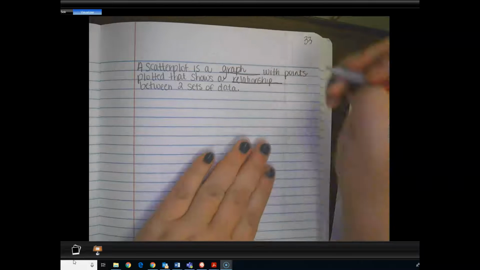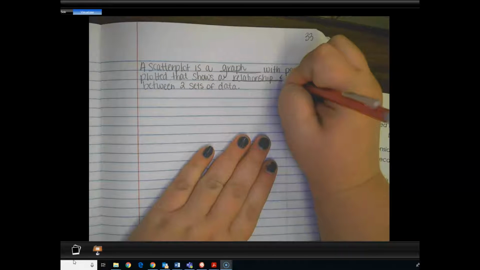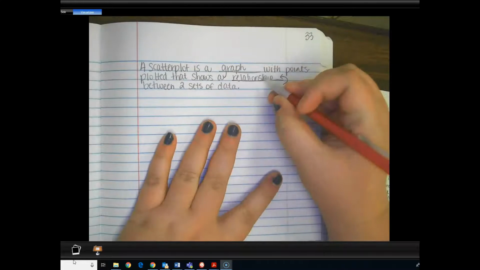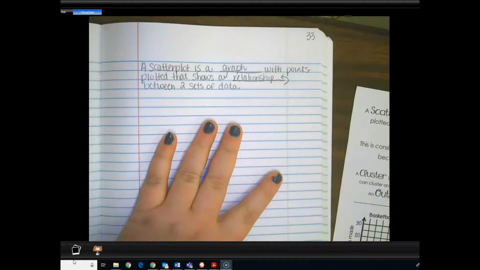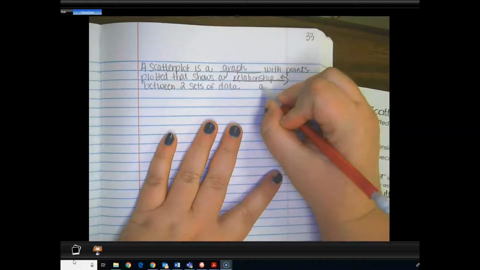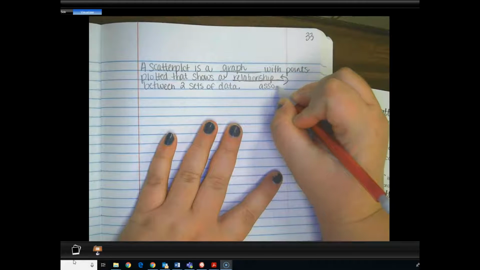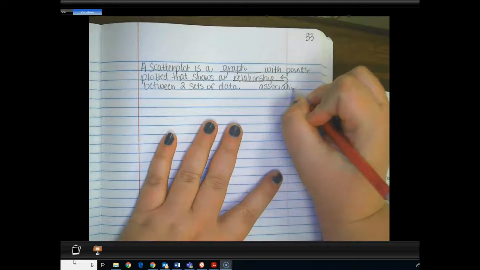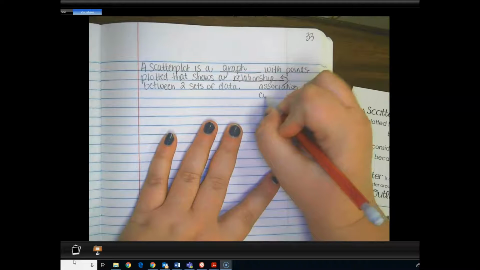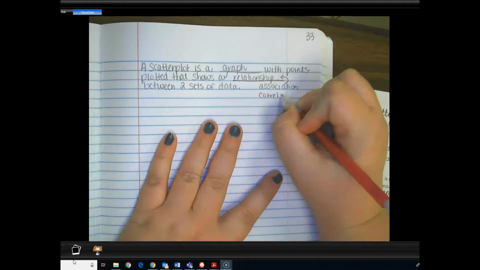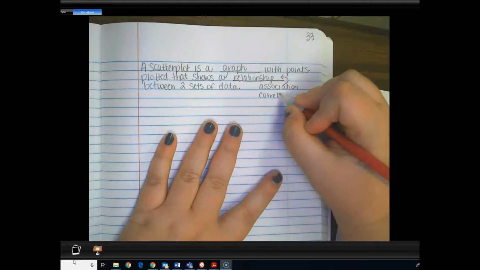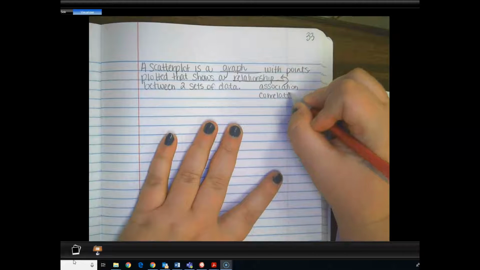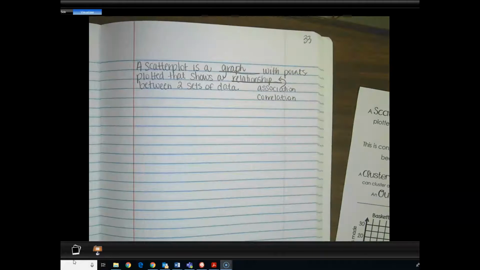Now we're going to draw an arrow to this word relationship, and we have two words that we're going to use for this relationship. There is the word association and correlation. Association and correlation is what we're going to call that relationship.